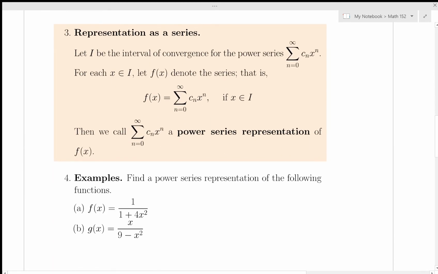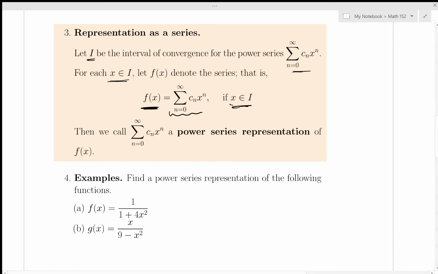So if we have I being the interval of convergence of some power series, and then we consider any value of x within that interval, then we call that power series f of x when x is in that interval. We're really clear about that. Then we call this thing here the power series representation of f of x.